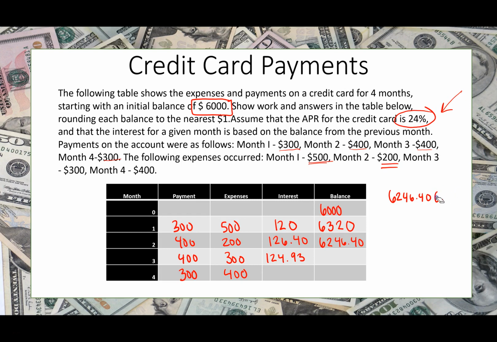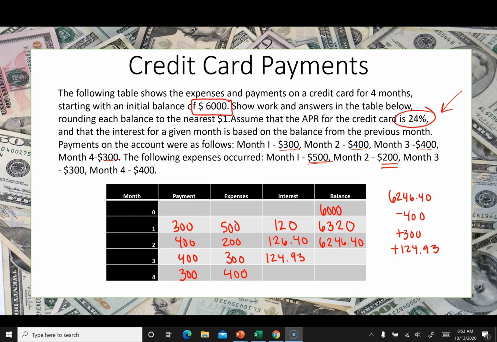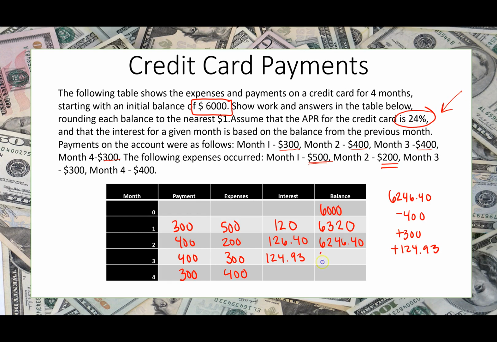All right, so now I'm going to take my previous balance, 6,246.40, and I'm going to subtract the $400 payment right here, and then I'm going to add this $300 expense, and then I'm going to add that interest that I'm getting for that month. So that's going to be $124.93. Let's see what I get. I get $6,271.33. So I'm really not making any progress at all.